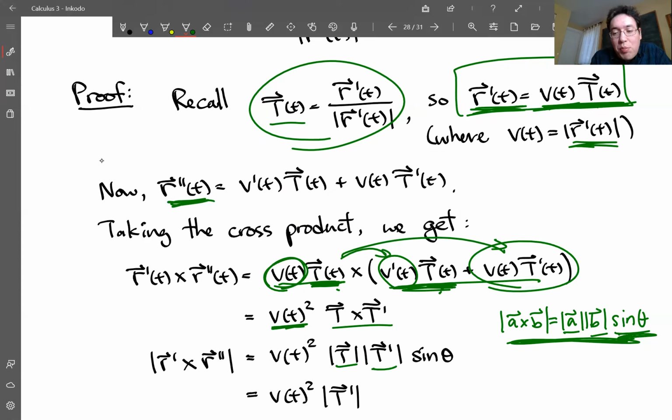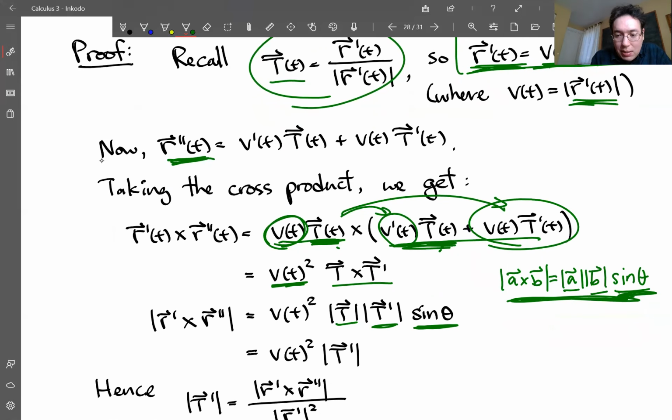T and t prime, remember, t prime is pointing in the direction of the unit normal, and the unit normal vector is orthogonal to the unit tangent. So they're 90 degrees apart. So the sine of 90 degrees, or sine of pi over 2 radians, is equal to 1. All right, so that's nice. So sine of theta is just 1.